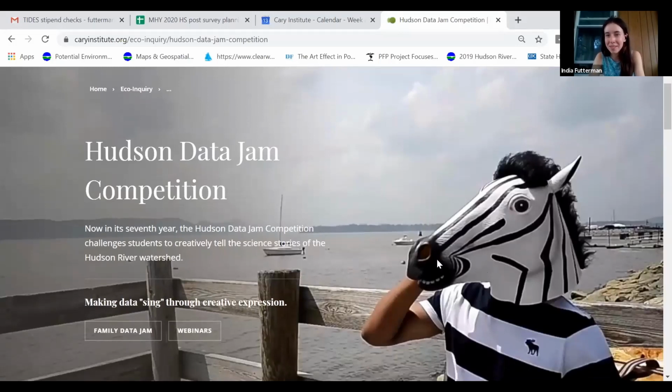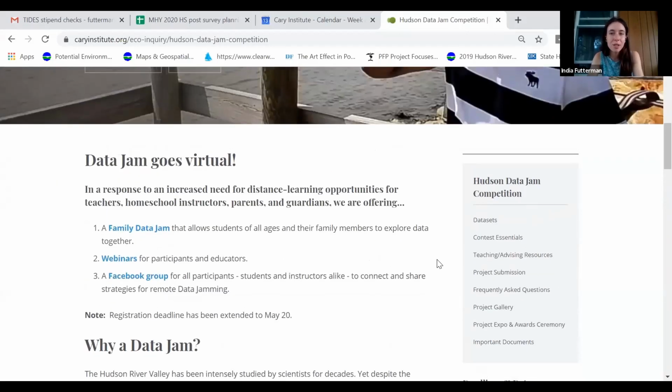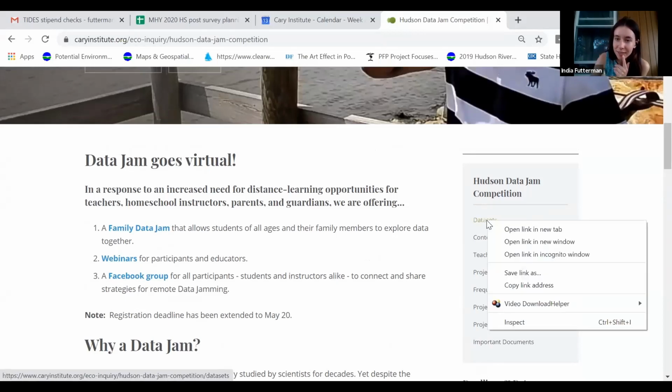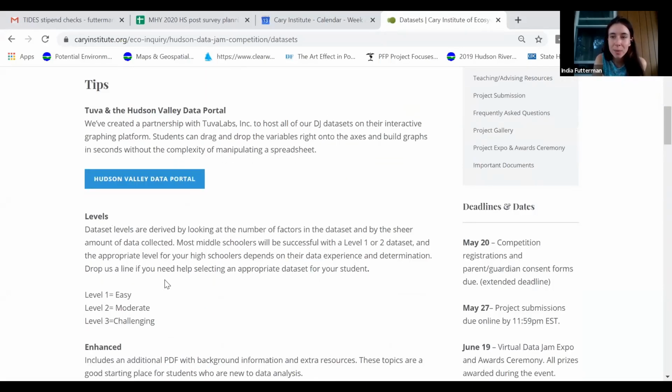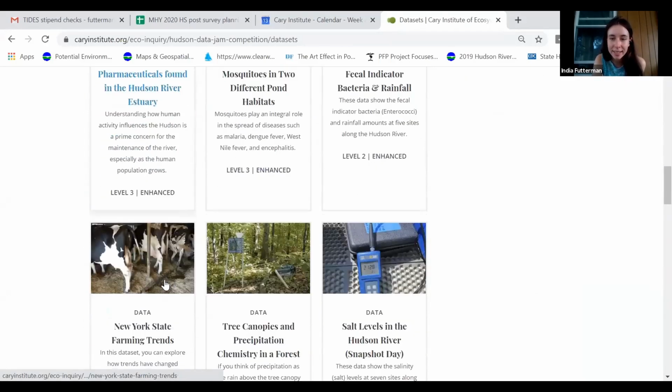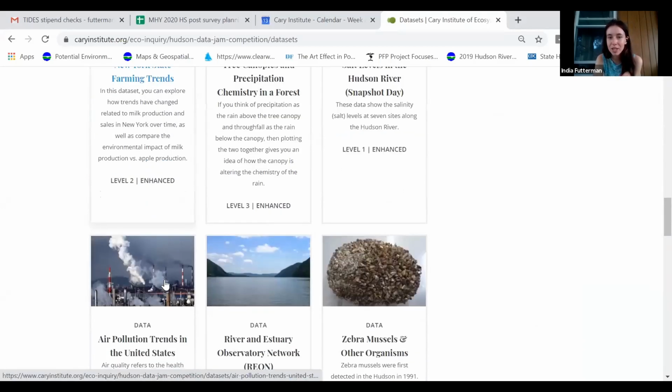Again, a famous Data Jam submission. And then if we go to the right-hand side of the page, we've got this gray box, and then we have data sets. And then here is where all of the Carey Institute data sets live. So these, as I mentioned, are real data from real scientific studies done in and around the Hudson Valley. So it's all local scientific data for us.